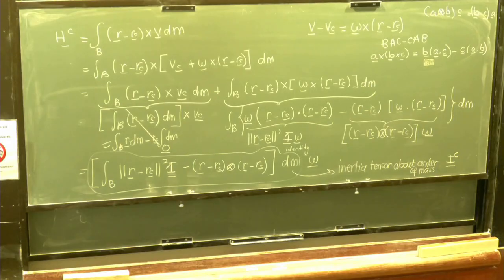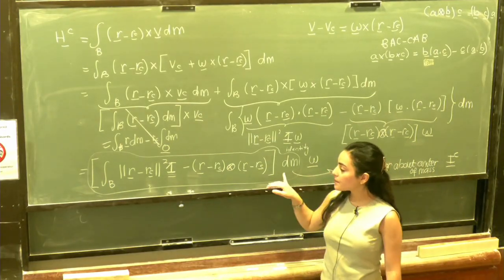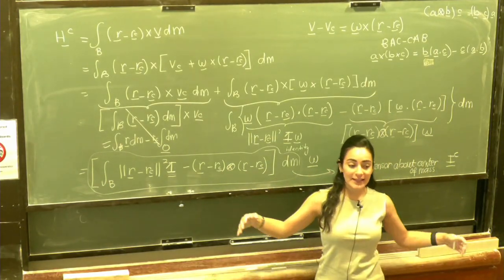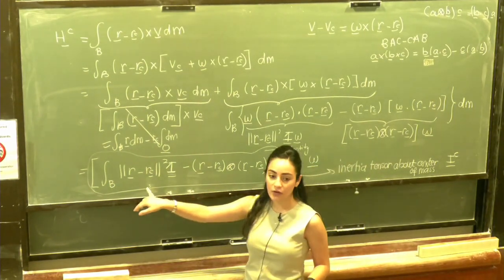Now, the angular inertia here has to do with the mass distribution of the body, right? What this is measuring is the distance between all the points on the body relative to the center of mass.